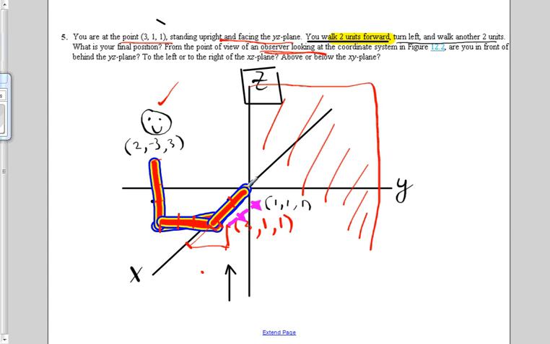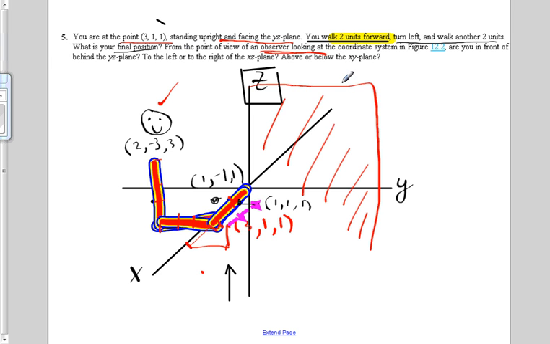So now I'm going to walk left and walk this way, 1, 2, reducing my Y value. So I was at the point 3, 1, 1. I moved 2 closer, 1, 1, 1, and then I moved to the left. And now I'm at the point 1, -1, 1. So that's my final position.